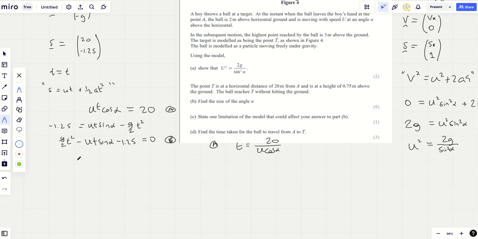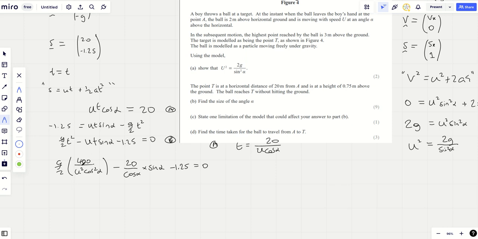Because then I can plug it in here, and I'm going to get g over 2 times 400 over u squared cos squared alpha, minus ut, well, that's just 20 over cos alpha times sine alpha, because ut is just 20 over cos alpha, so there's your tan alpha, minus 1.25 equals 0.